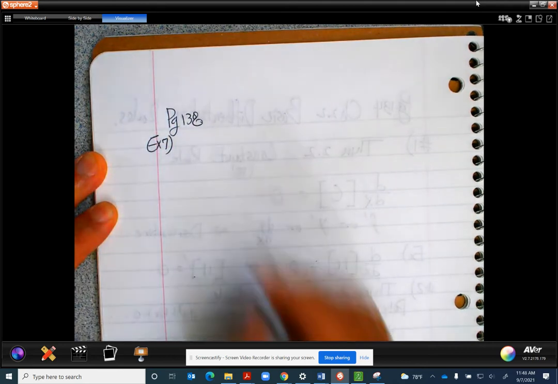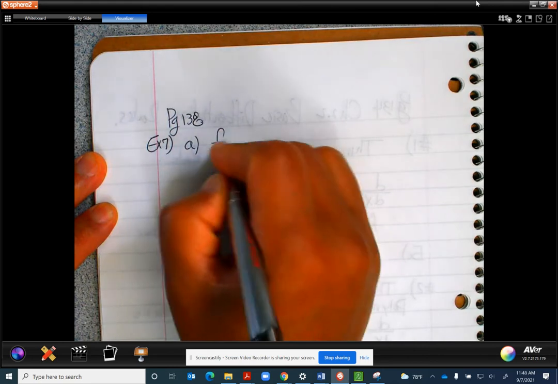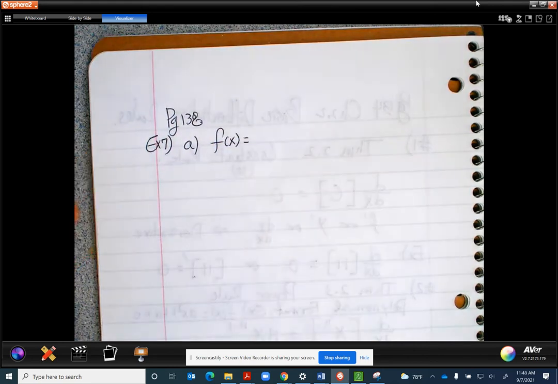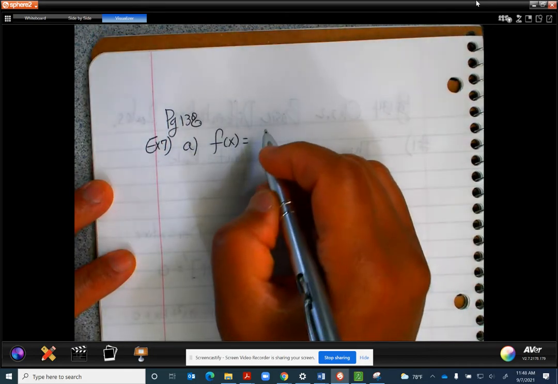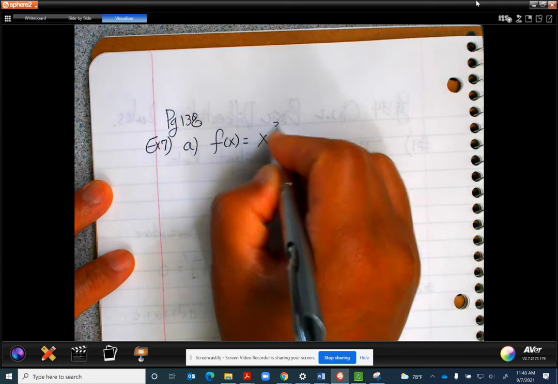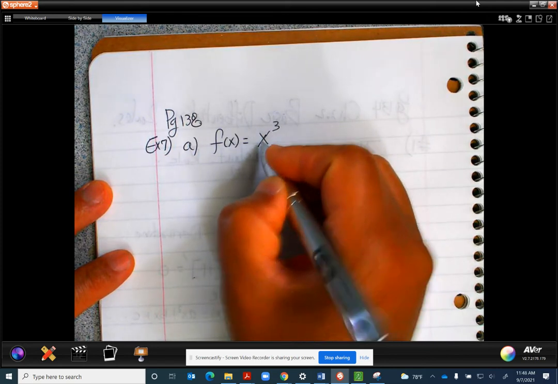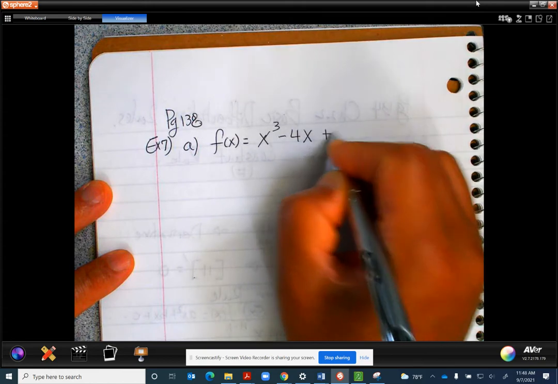All right, I'm looking at part A. Again, they can use any notation. It could be f of x, g of x, s of x, whatever. It says f of x is equal to x to the power of 3 minus 4x plus 5.